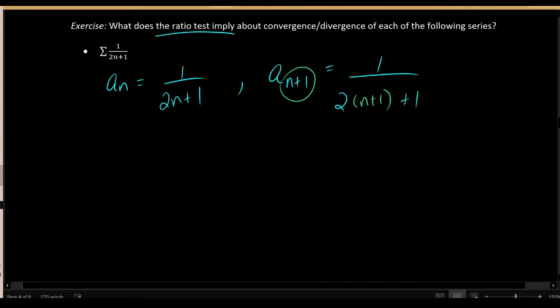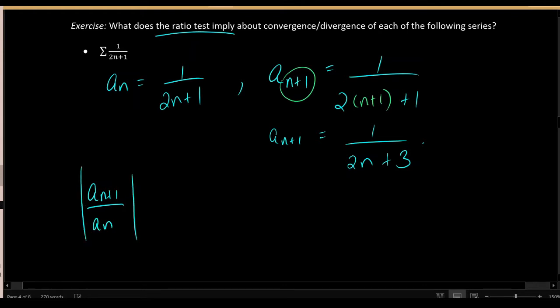Let's simplify this a little bit. If we distribute that 2 and we combine some like terms, a sub n plus 1 has got to be equal to 1 over 2n plus the number 3. So now let's look at a sub n plus 1 over a sub n in magnitude. A sub n plus 1 is the fraction with plus 3 in the denominator.